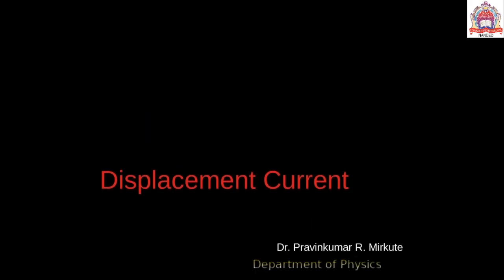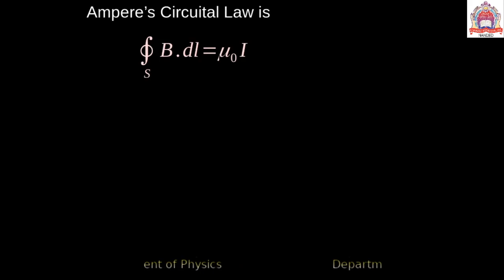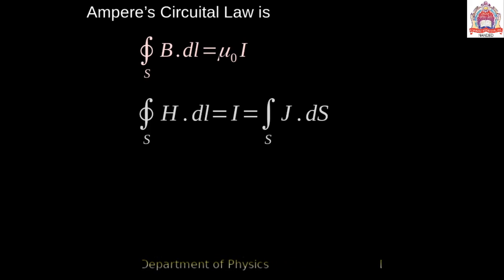For the static electromagnetic field, according to Ampere's circuital law, we can write the closed line integral B dot dl is equal to mu 0 I. Here we are just placing H in place of B. So the closed line integral H dot dl is equal to I, as we know that I is equal to the surface integral of J dot ds.